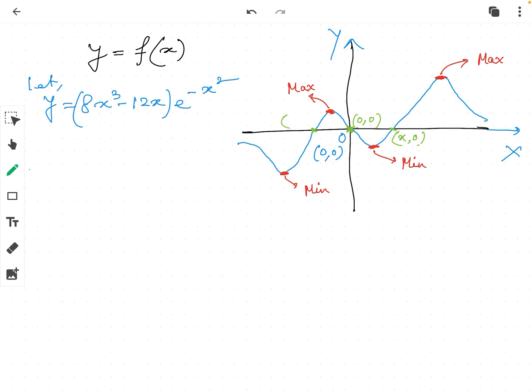If I give names to these points, let me name this point A, this point B, this point C, this point is O already, this point is D, this is the E point, this is the F point, on the x-axis.